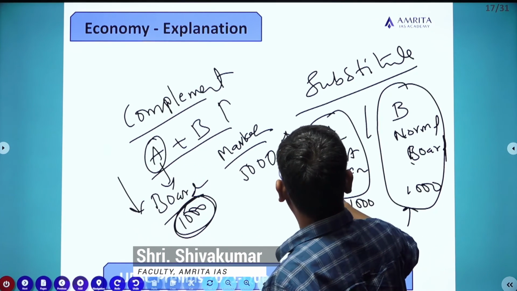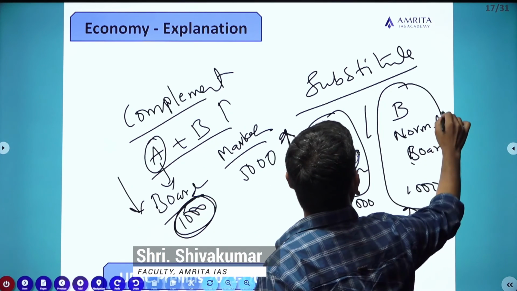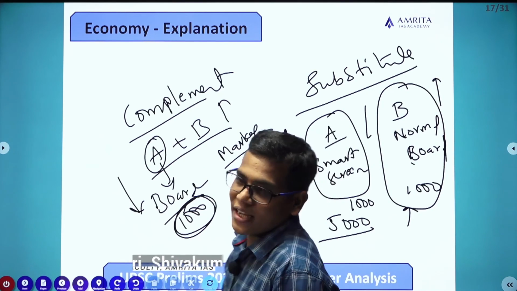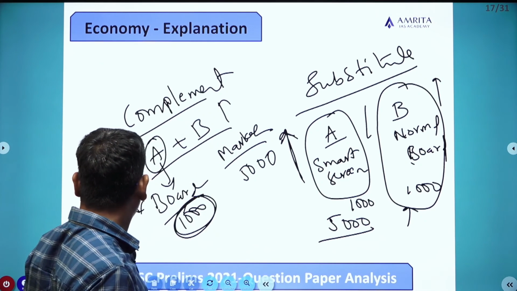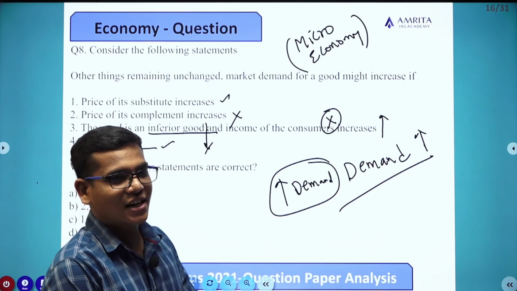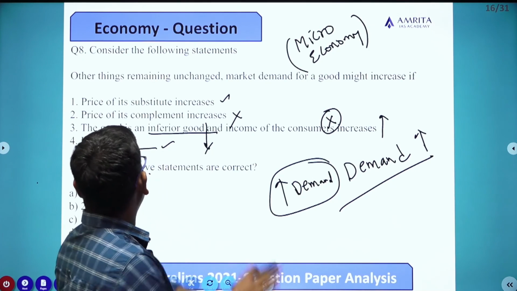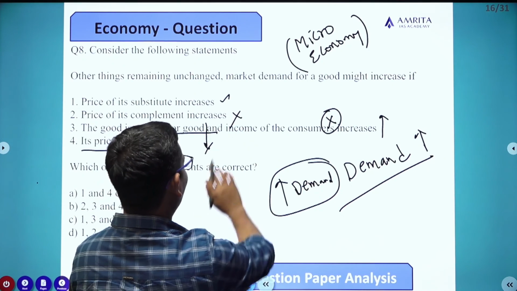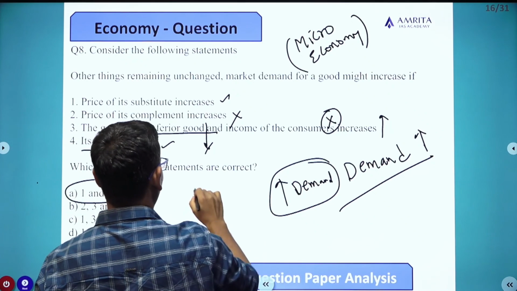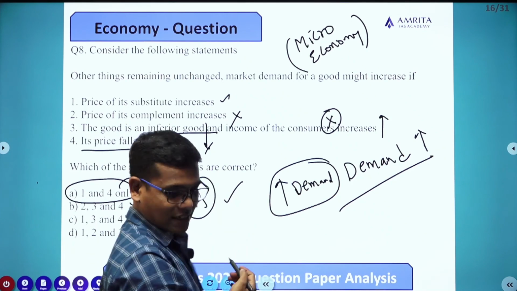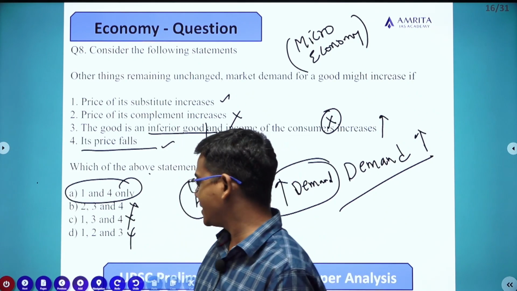Whereas when the substitute price increases, the demand for the other product increases. It's simple, a microeconomics topic from NCERT. So the second statement is wrong and the third statement is wrong, and 1 and 4 are correct. That means option A is correct. So the answer is A.